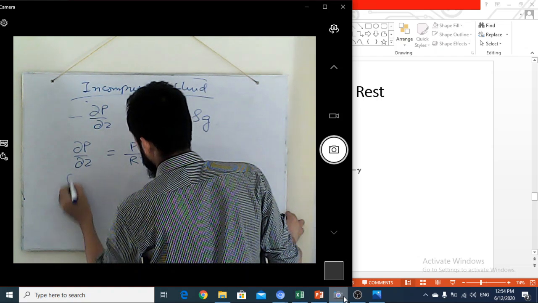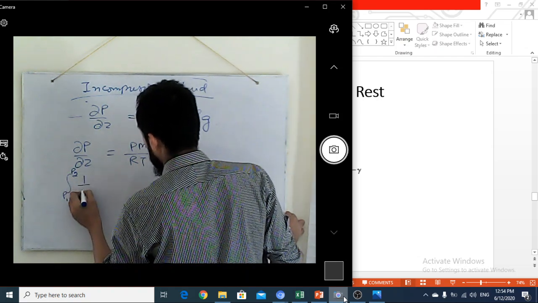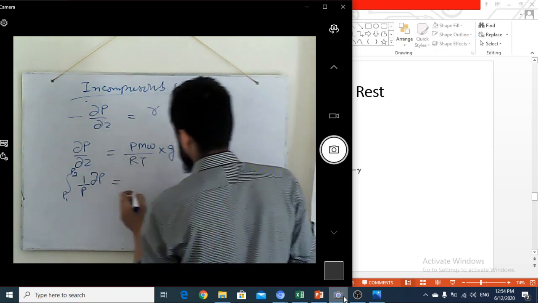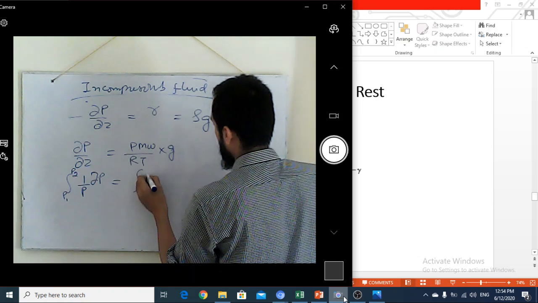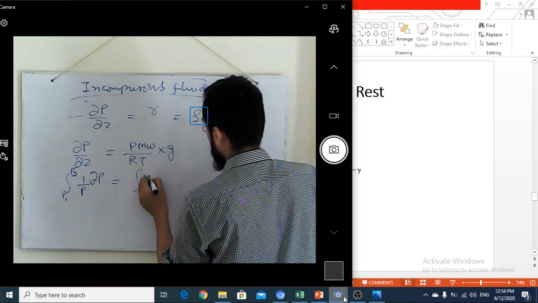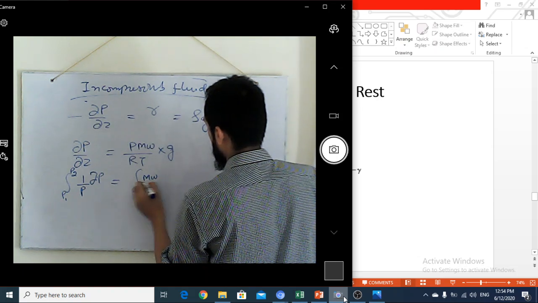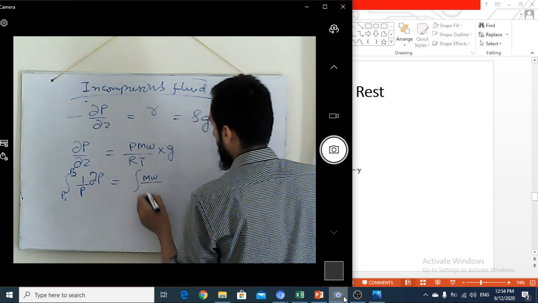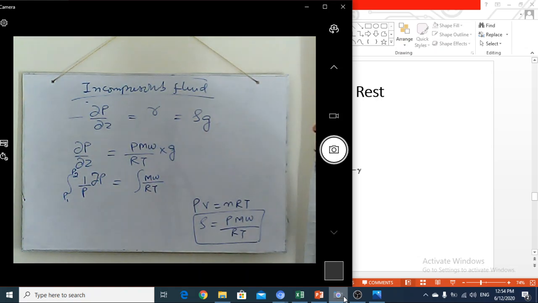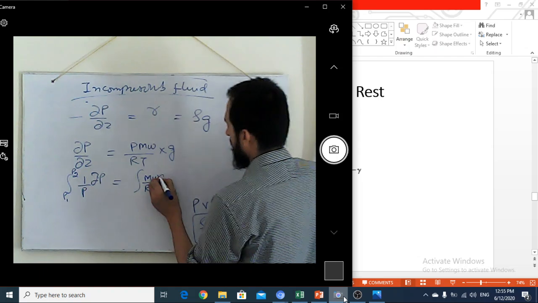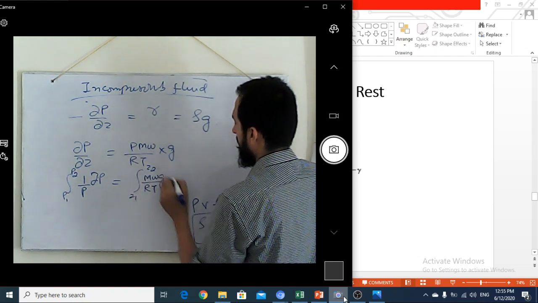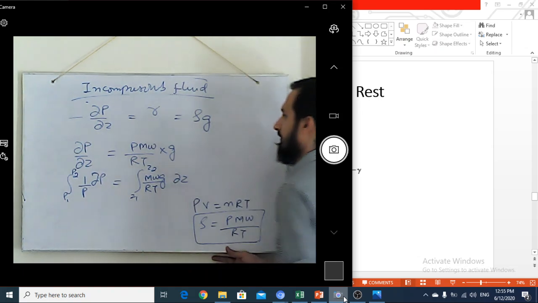Integral of P1 to P2, 1 over P ∂P is equals to integral of molecular weight over R T and g from Z1 to Z2 dz.